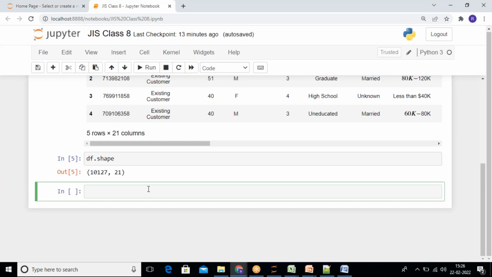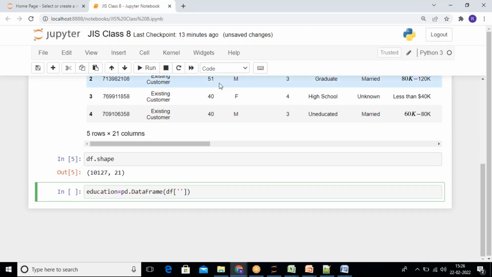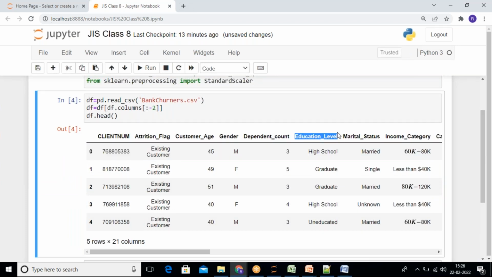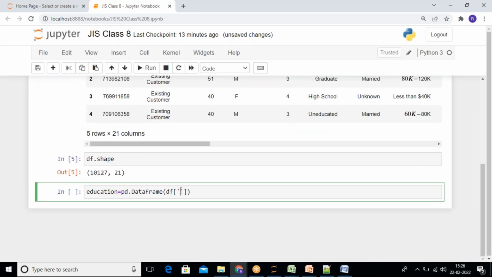Suppose this education was first. Education equal to pd.DataFrame, df, the column name is education level. df education level dot value_counts.